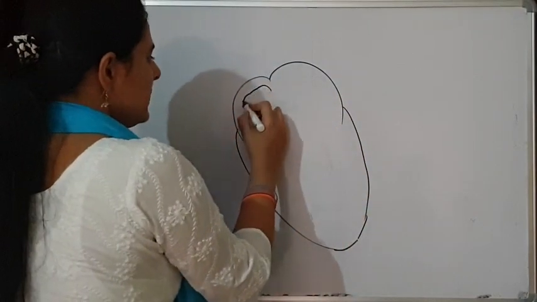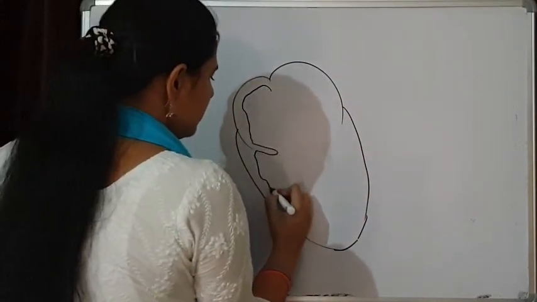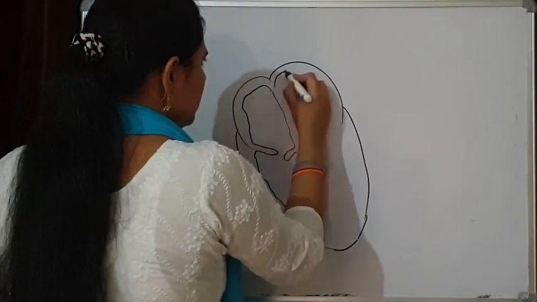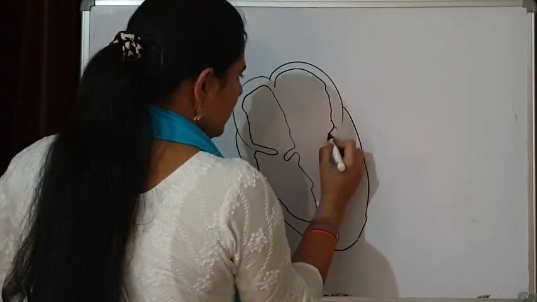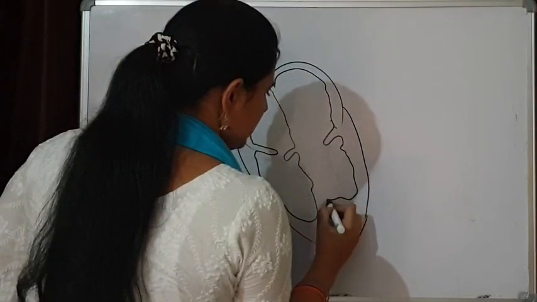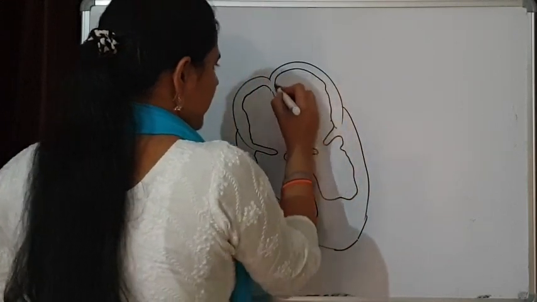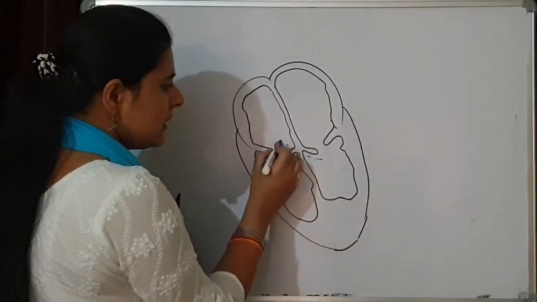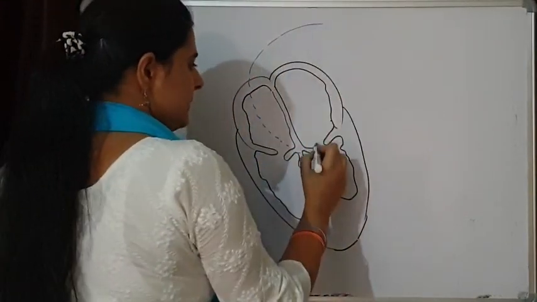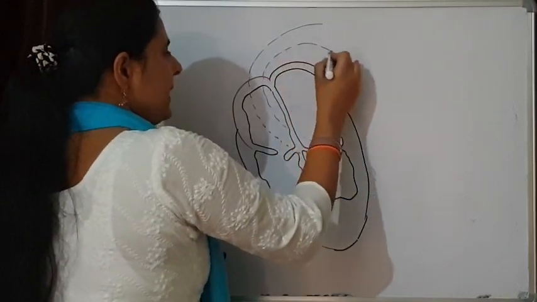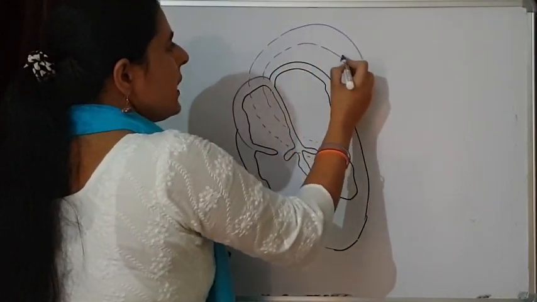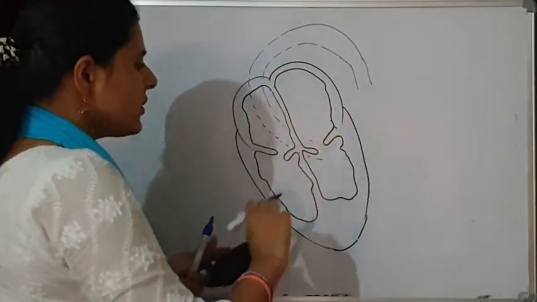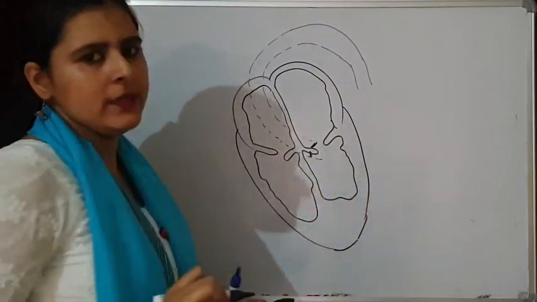Heart was there. These are the chambers. From here, aorta is arising from the left ventricle, and this aorta is moving in form of an arc like this way. Here also semilunar valves are present.